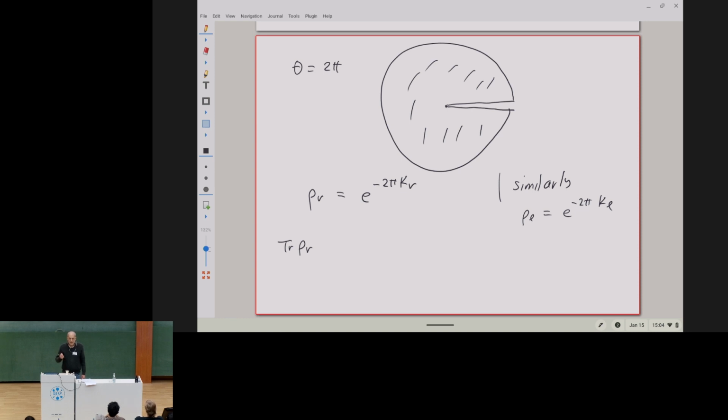You get a diagonal matrix element by setting the initial and final states to be equal, which here means we set the values below and above the cut to be equal. And then we sum, or in this case, integrate over those values. So in other words, to compute the trace, we glue together the fields along the cut. And now we're just integrating over all space. So the trace is just the path integral in the whole of Euclidean space.